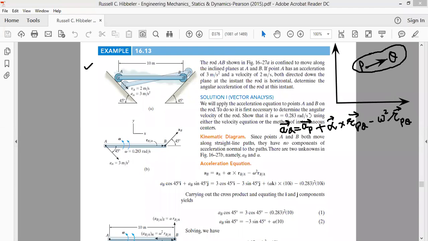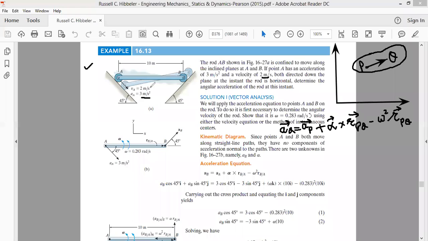The rod AB is confined to move along the inclined planes A and B. There are two inclined planes: this is inclined plane A and this is inclined plane B. If A has an acceleration of 3 meters per second square, point A moves down with an acceleration of 3 meters per second square and a velocity of 2 meters per second, both directed down the plane at the instant the rod is horizontal.